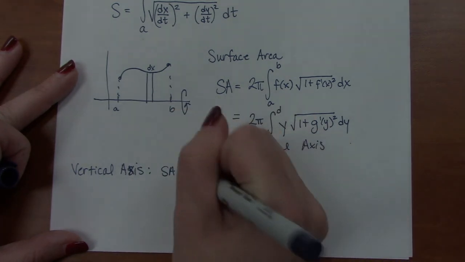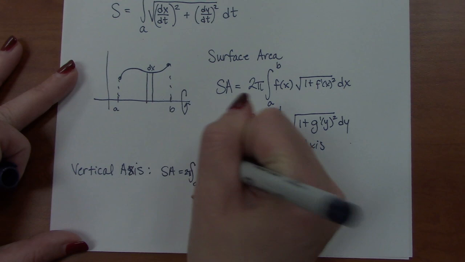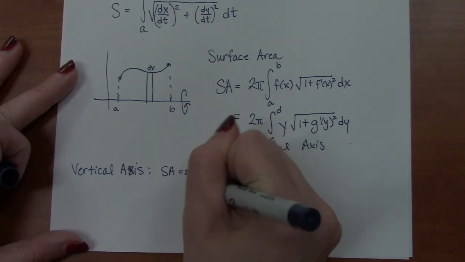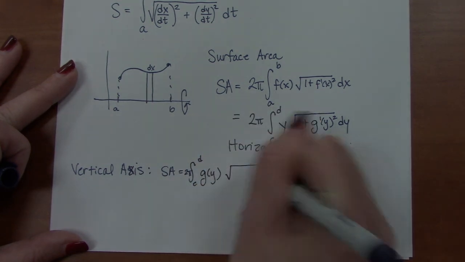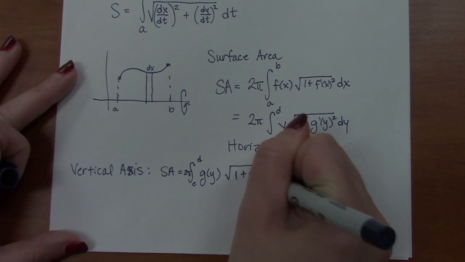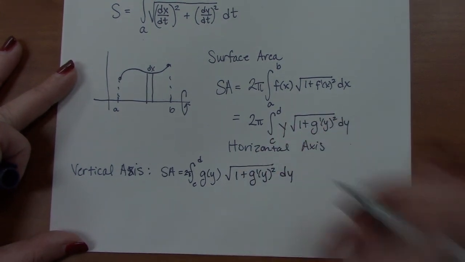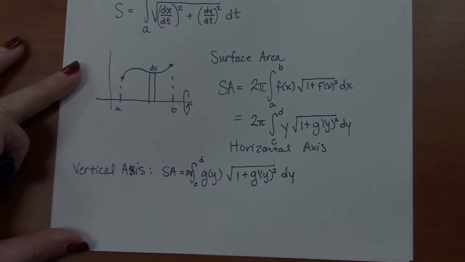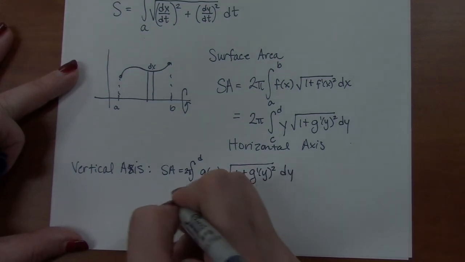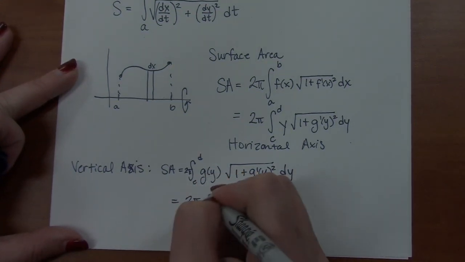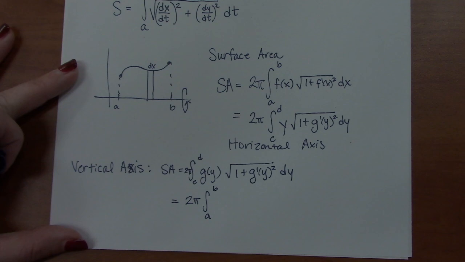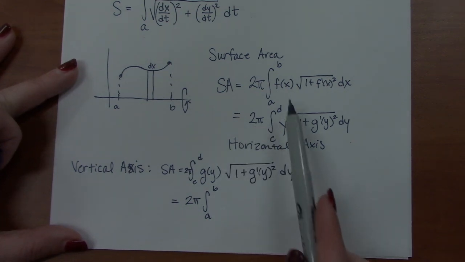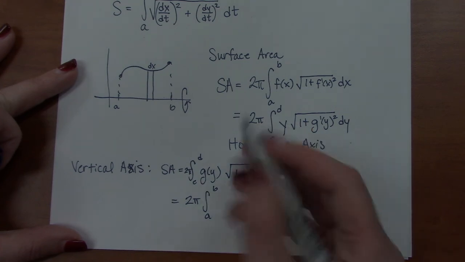So that would be the integral of 2 pi from c to d of g of y, right, times this stuff. However, if I want to translate this into variable x, I can. You go back to the x bounds, and in the same way, f of x equals y, well, g of y spits out x values.